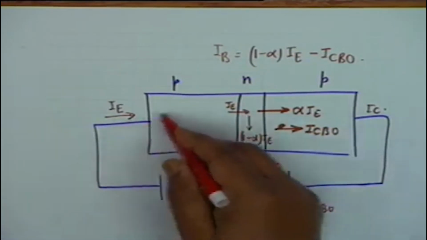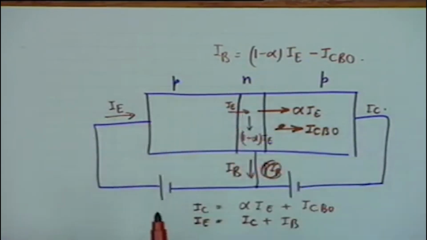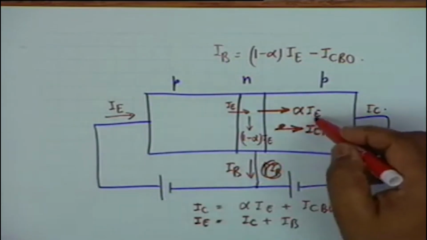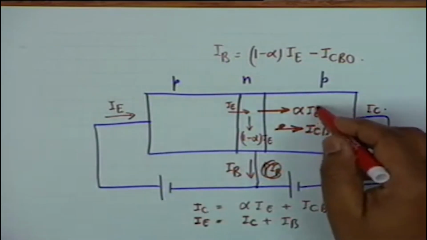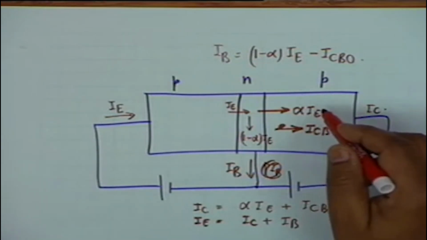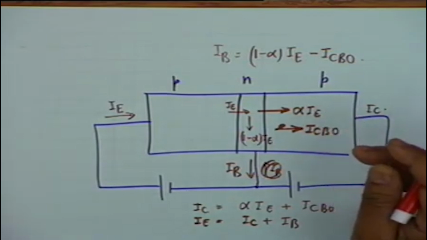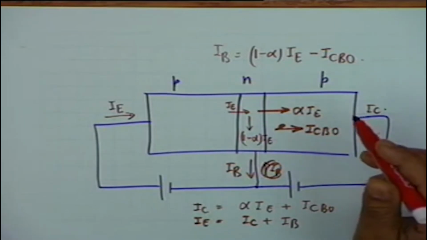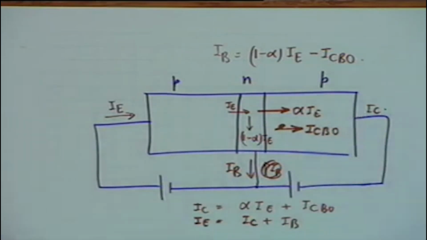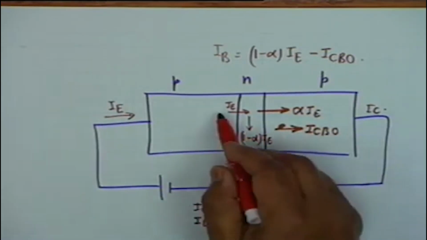Here, yes, there is current due to minority carriers. No, alpha is not the total number. Alpha is the fraction of the carriers.